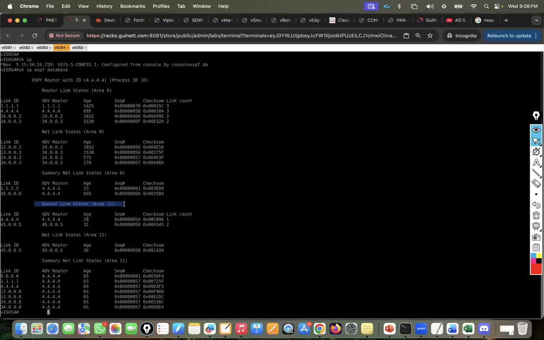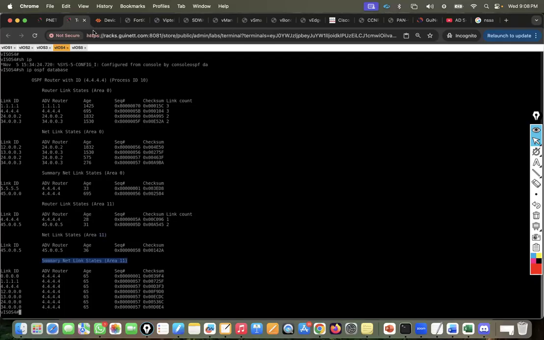We have the LSA 1, clear? We have the LSA 2, clear? We have the LSA 3, clear? The network link is from the DR, and the summary is the LSA 3.